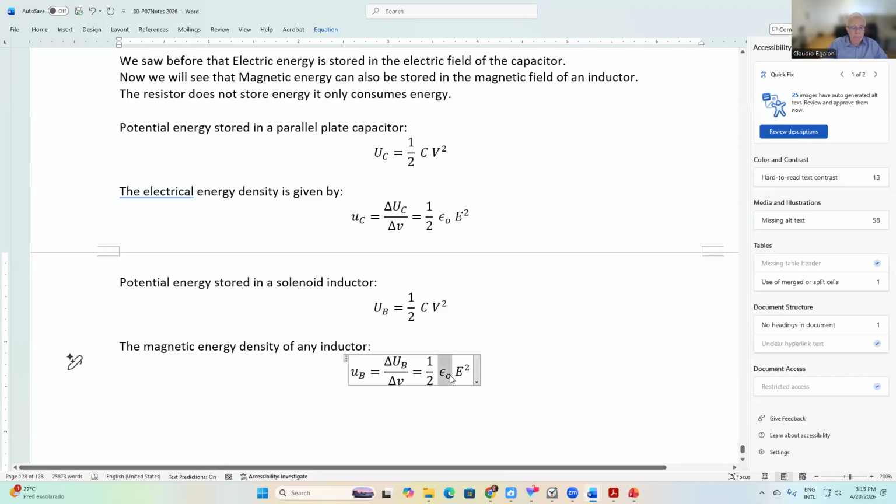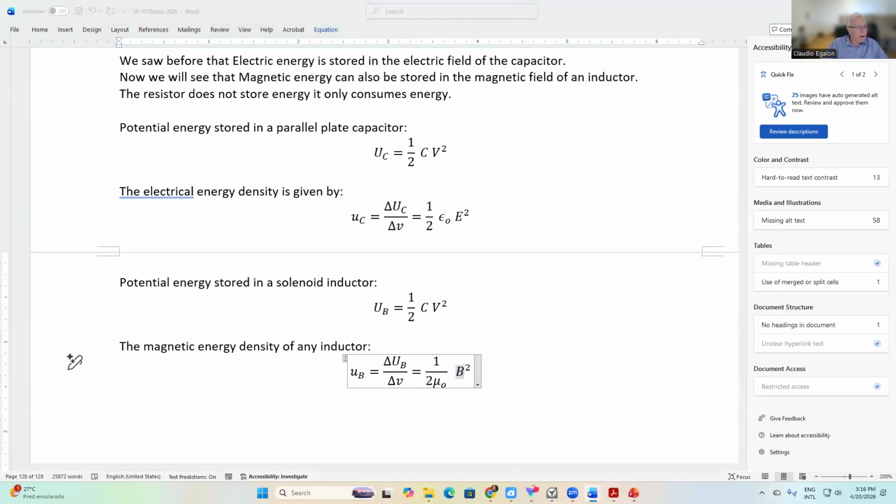And instead of epsilon naught, here we are going to have mu naught. Can you remember that? If you remember the one for the electric field, you will remember the other one for the magnetic field. It's going to be like that. Okay?